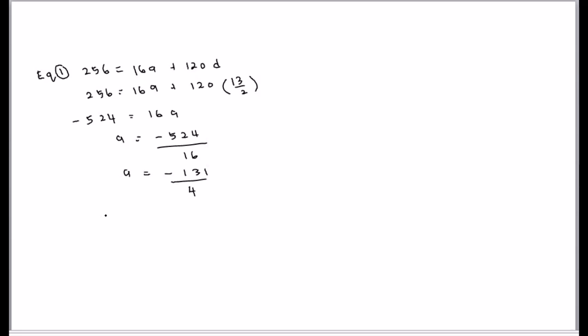Okay. Now that we have the value for d and we have the value for a, we can solve the question. We want to find the 15th term. T15 equals, our a is negative 131/4 plus our n is 15 minus 1, 14, and our d is 13/2.